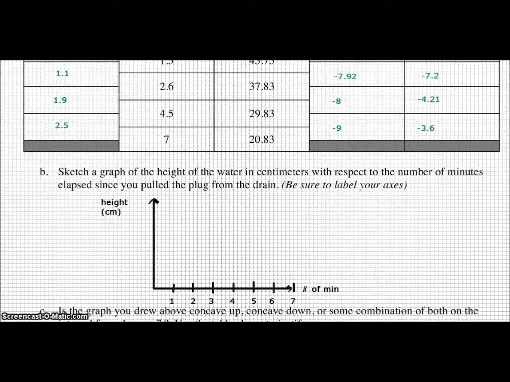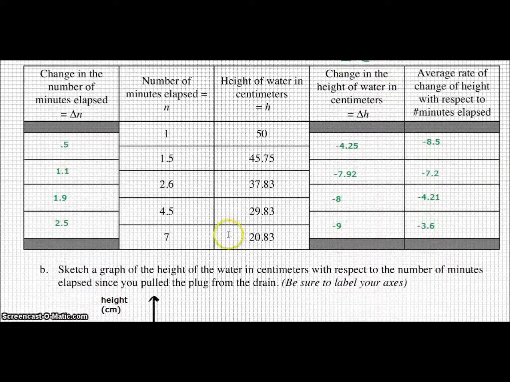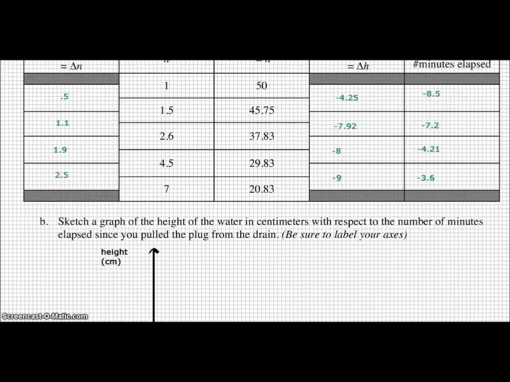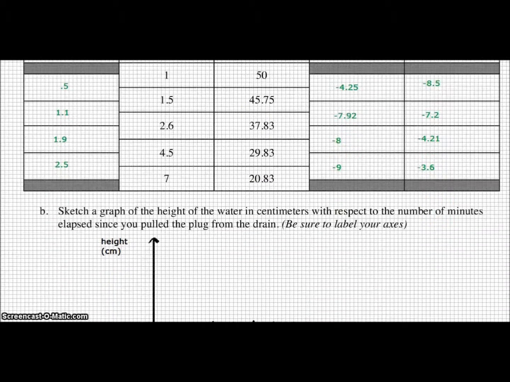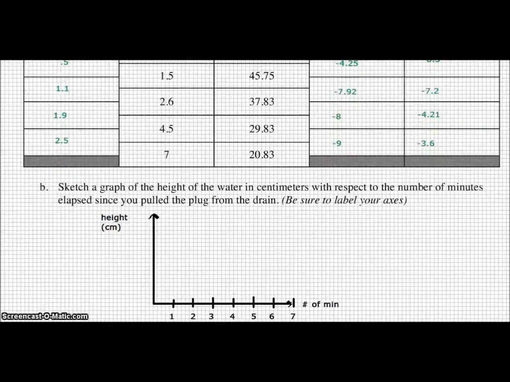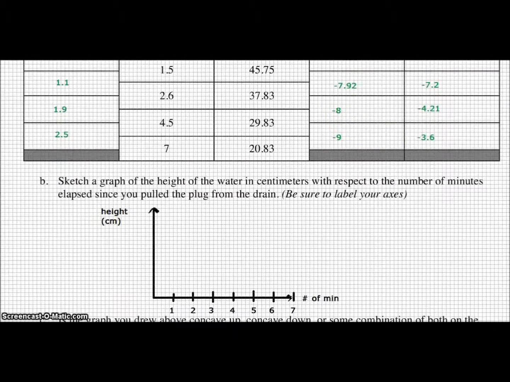Now my height in centimeters, good thing we have the same units here. I'm going from about 20 to 50. I'm going to start my graph like I'm gonna have the origin here be the point 0, 20. So 20 is gonna be right at the bottom, and I've got to go all the way up to 50.